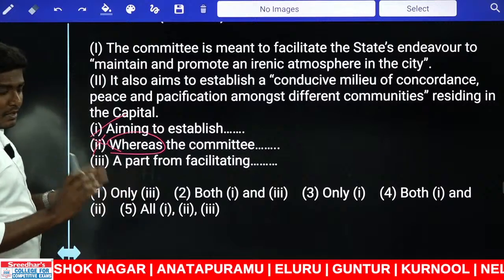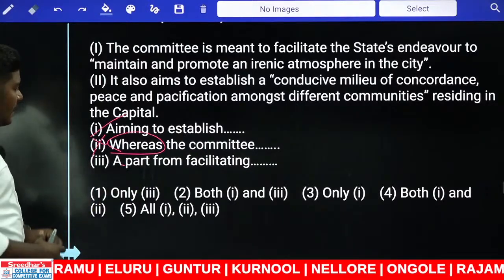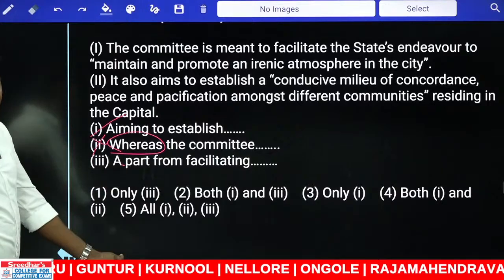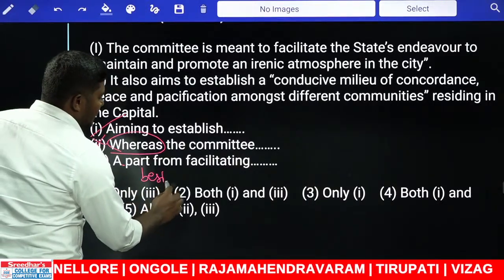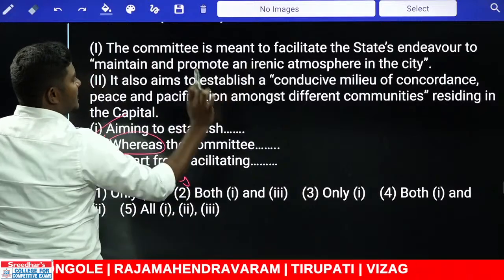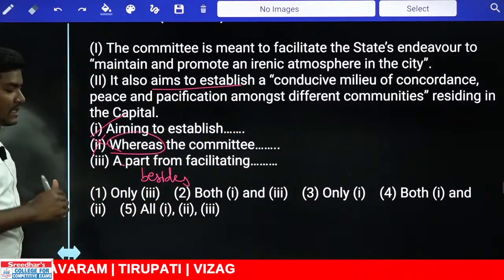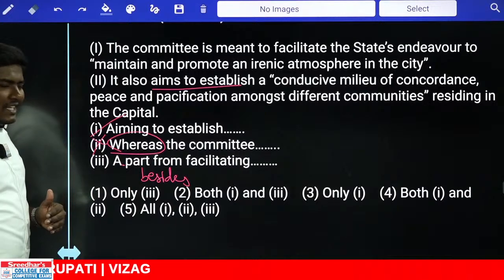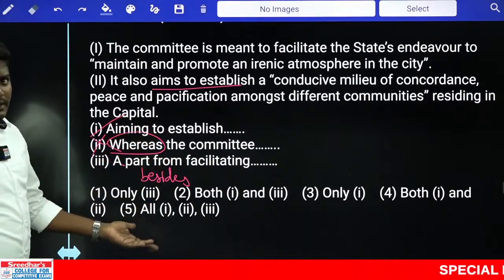See the difference. There is a space. If at all apart from facilitating is nothing but besides facilitating. That means facilitation is one case, aiming to establish something is another case. If at all there is apart from facilitating, that means besides facilitating something else, they are doing something else.